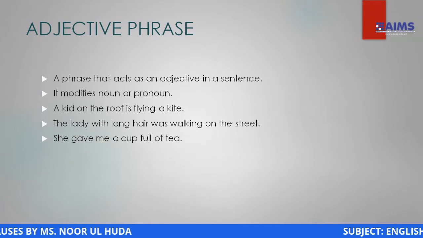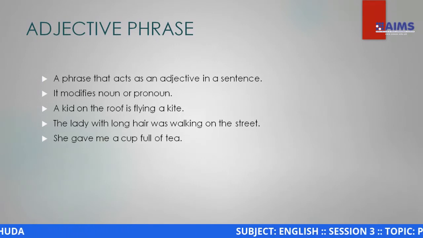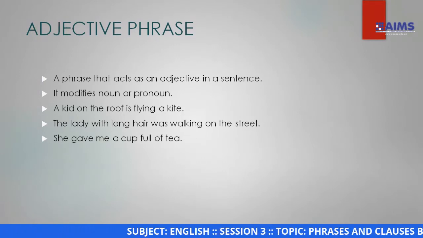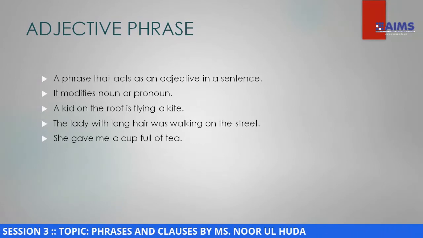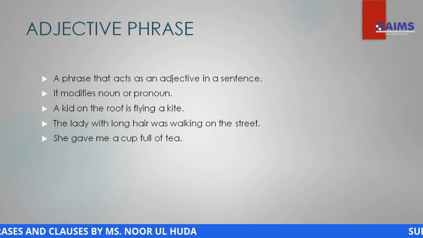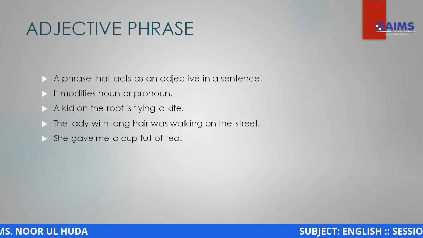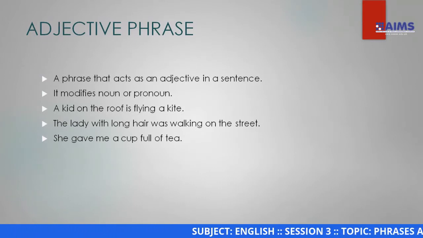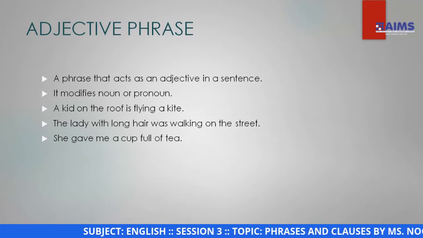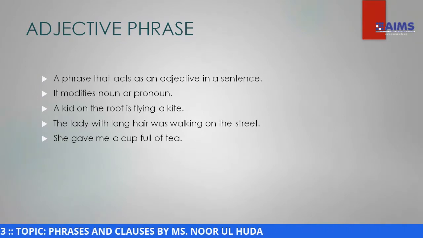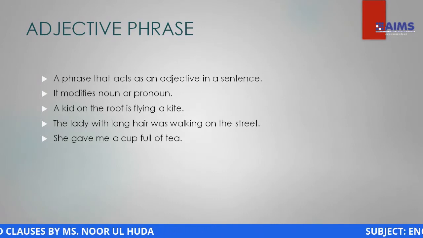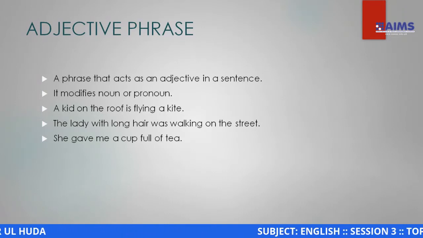Okay, the adjective phrase. We can merge this adjective phrase with the noun phrase as well, because some people focus on only three types of phrases: verbal phrase, noun phrase and prepositional phrase. Adjectival phrases or adverbial phrases are somehow merged with the other three.